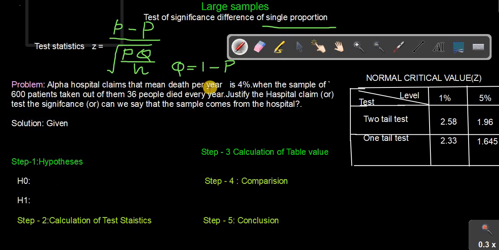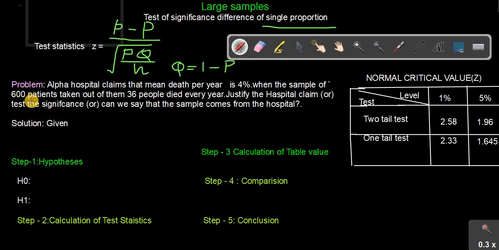Okay, right. Now what other things are given? When a sample of 600 patients is taken, out of them 36 people died every year.